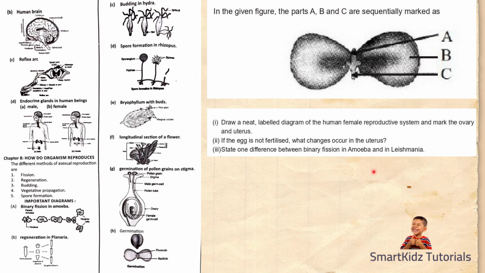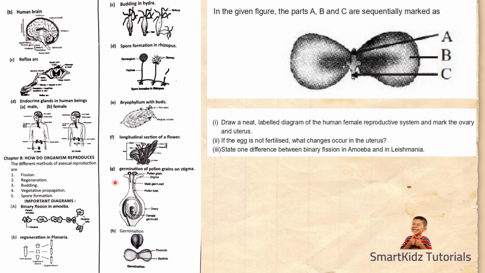You see the regeneration in planaria also. So how does the planaria get regenerated? It is carried out by specialized cells. The cells grow in large numbers. So this is seen in case of planaria and also hydra. In hydra actually you'll see budding happening and the bud forms into a new individual.